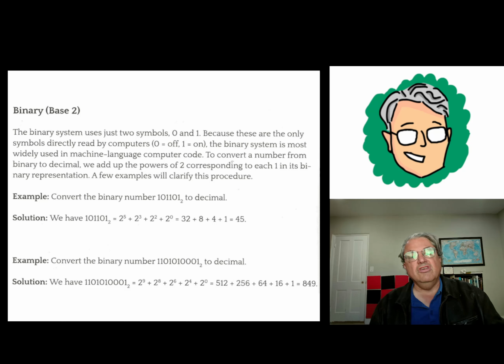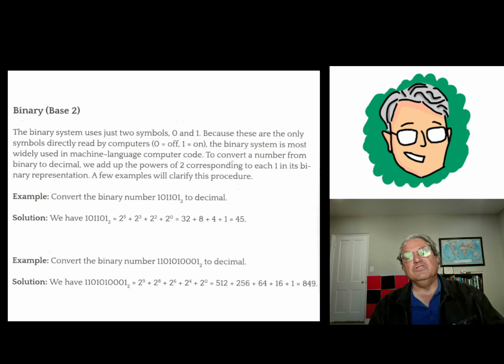So we have 1, and then the next bit is 0, so we don't worry about that one. The third bit from the right is 1 again, and that represents 2 squared. Just like the rightmost bit is the ones column, the next one over to the left is the twos column, and the one to the left of that is the fours column. So the one to the left represents 4.